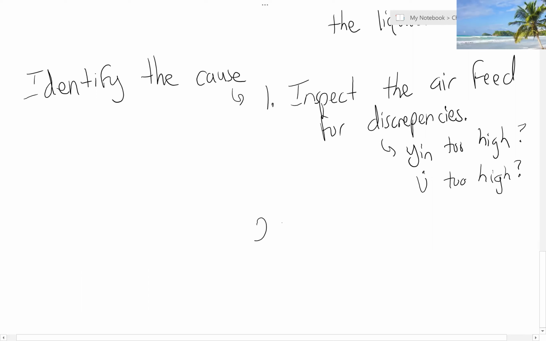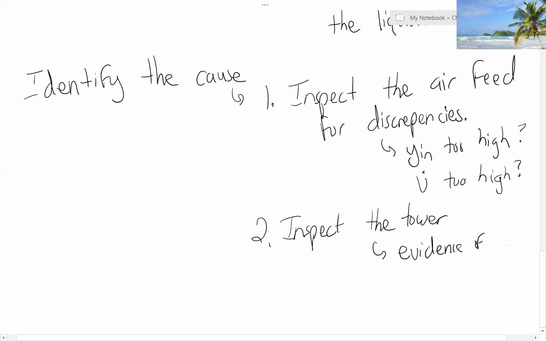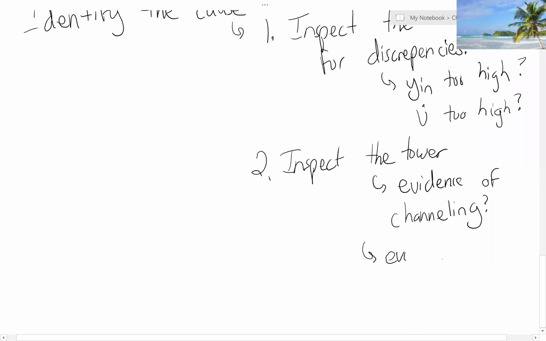Then what you can do is inspect the tower. Do you have evidence of channeling? Or do you have any sort of evidence of process variation?